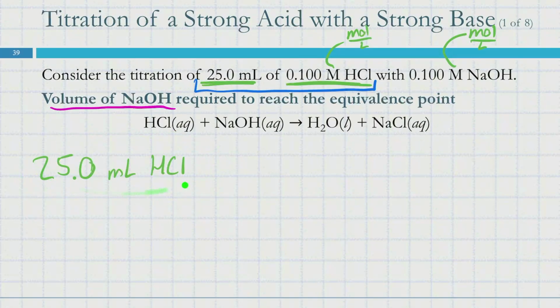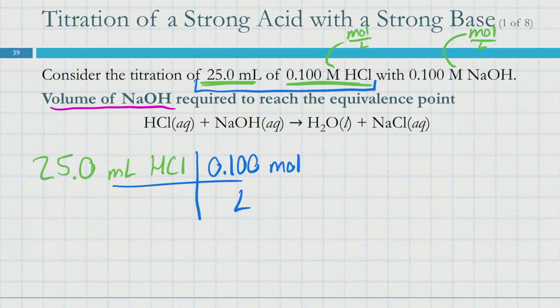So this 25 milliliters of HCl, we need to get rid of milliliters and go to moles so that we can use the stoichiometry from our balanced equation. So we're going to multiply by 0.100 moles per liter, the concentration of our HCl.